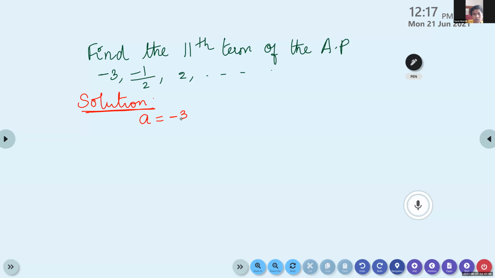-3. Okay, before finding D, look at the sequence. Afsana, is it an increasing sequence or decreasing sequence?